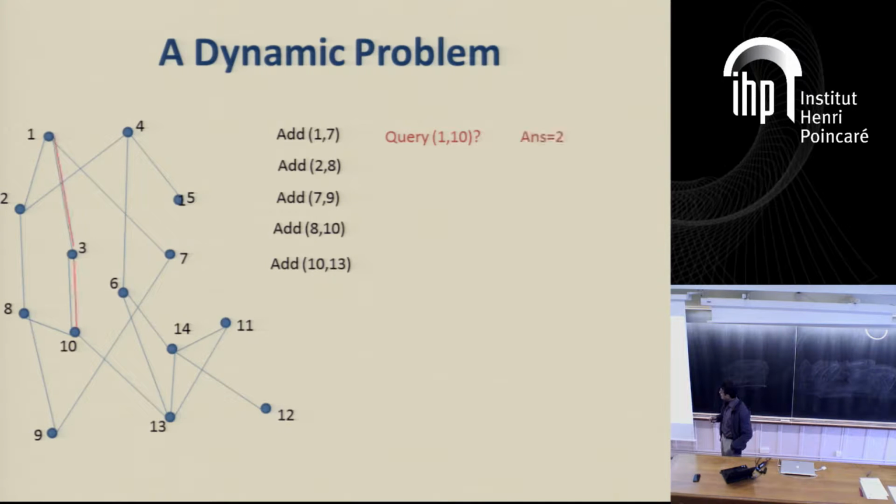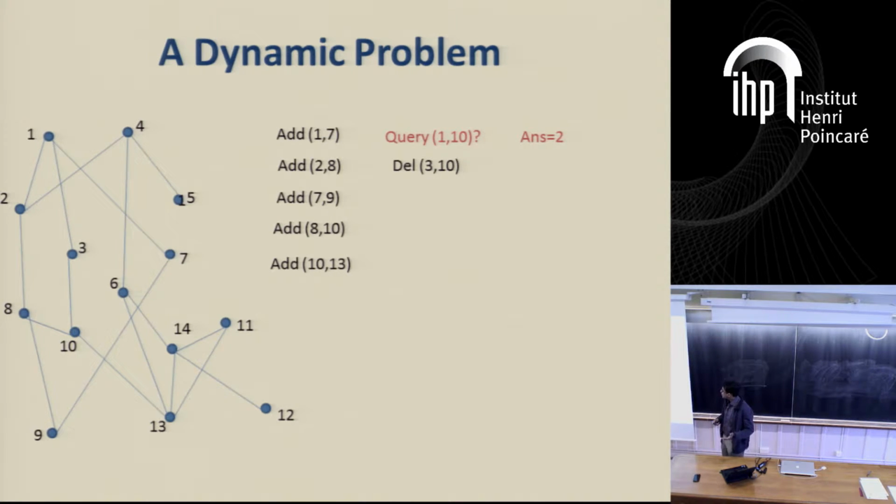Okay? And in this particular case, the answer is 2. The thing in red that I've shown here turns out to be the shortest path. Okay, so the data structure algorithm should be able to quickly, by reading as few bits as possible, answer such queries. Okay.